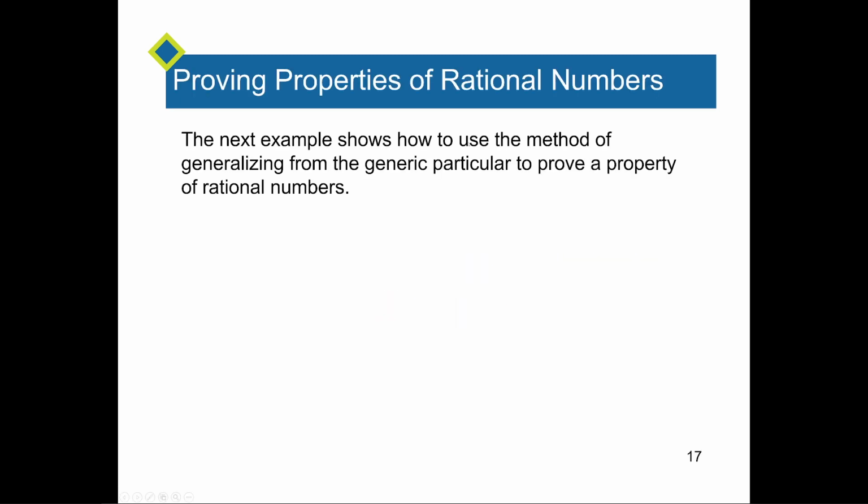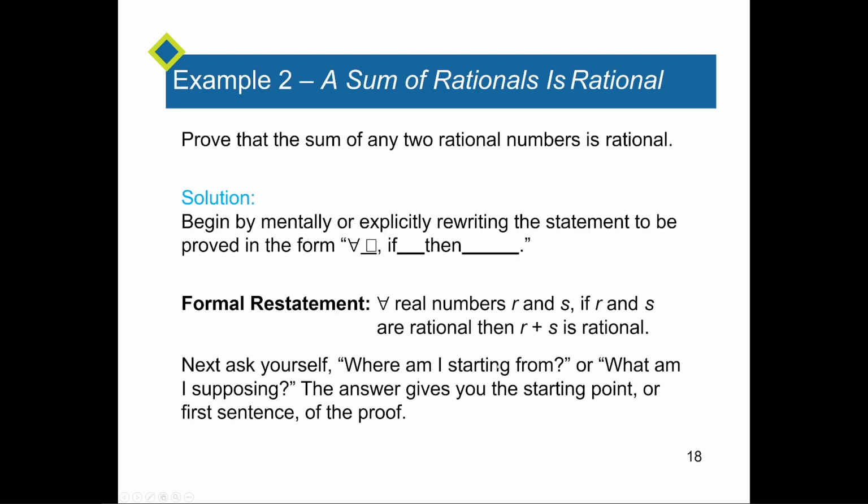The next example shows how to use the method of generalizing from the generic particular to prove a property of rational numbers. So prove that the sum of any two rational numbers is rational. After a while, when we continue to do proofs like this and proofs in the next section 4.3 and moving forward, you're going to realize that there's a certain pattern to proving these sorts of theorems, right?